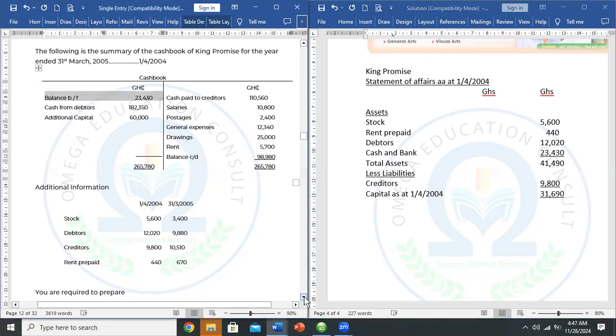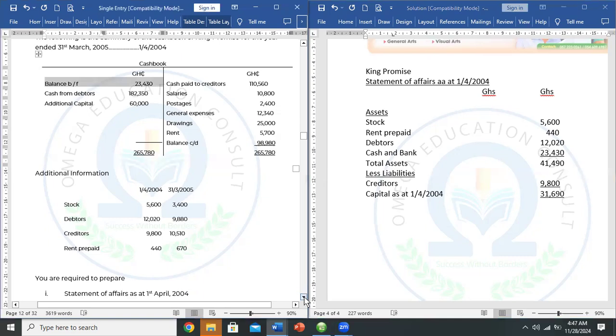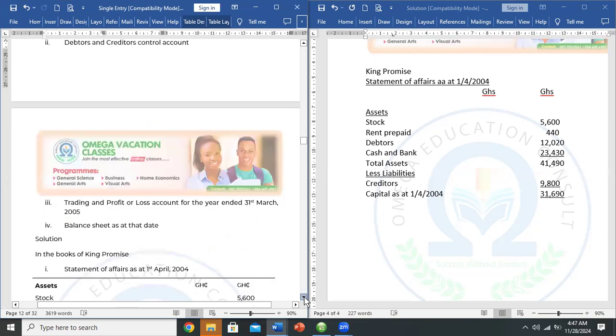So God willing, next week we'll move on to preparing the creditors account, the debtors account, the expense account, and the income account. Okay, but for this time, we just want to focus on the statement of affairs. Dear professors, I don't want to bore you much with plenty talk.